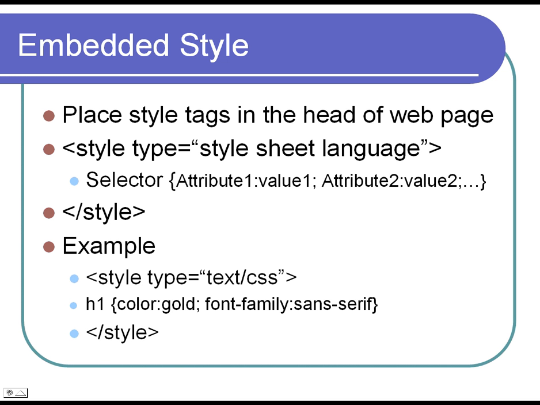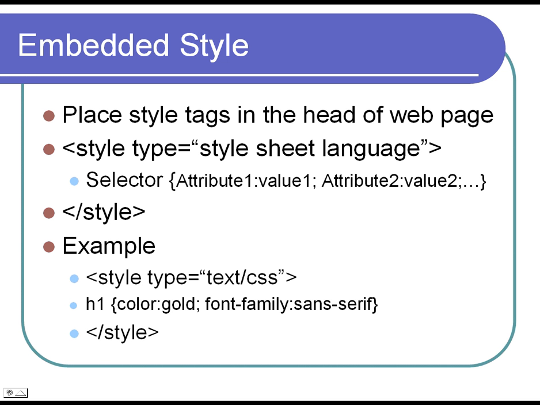The language would be like text or one of the other languages. In this case, you'll see an example below. We'll standardly use text. Then you put the selectors down in there, and the selectors would be the type of a tag that you wanted to have this style apply to, and then the attributes as before. And then you need an end style tag.